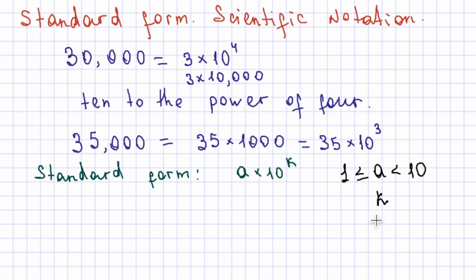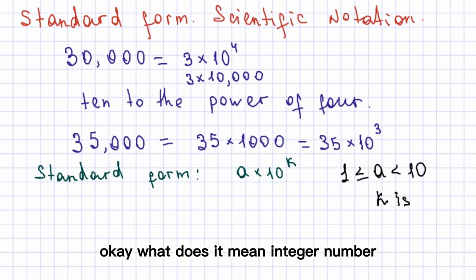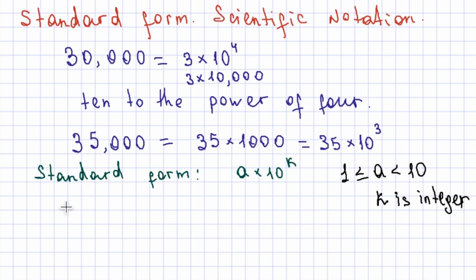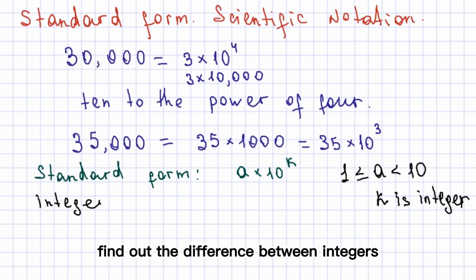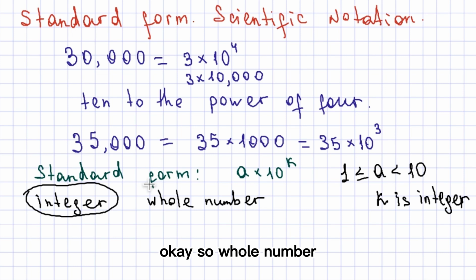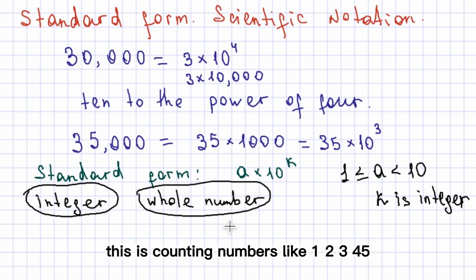And k is an integer number. Okay, what does it mean, integer number? As you see, guys, I didn't write a whole number, it is an integer number. Let us very quickly find out the difference between integer and whole number. Whole numbers are counting numbers like 1, 2, 3, 4, 5.